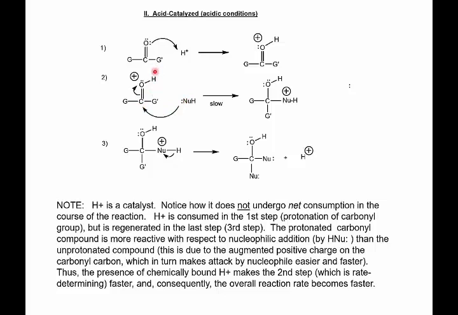That's how the H plus works as a catalyst. It makes the attachment of the nucleophile easier because there's now electrostatic attraction between the nucleophile and that carbonyl carbon. It's still an energetically harder process, still a slow step, but it's made easier by the presence of that H plus.